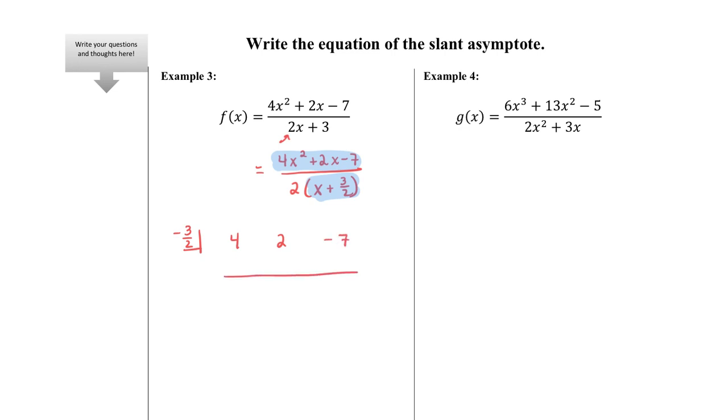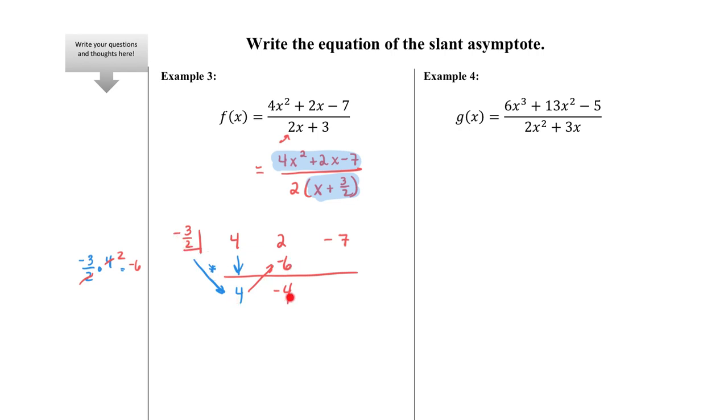Okay, so let's review these steps here. I bring down the 4, and now I multiply right there. Okay, and so some people get a little daunted by that. Got to do a little fraction math, but that's all right. See, this 2 in the denominator cancels out one of the 2's, and so it's just negative 3 times 2, or negative 6 here. I put my answer right there. And I just have to add those, negative 4. And I already know that 3 halves times 4 is 6.